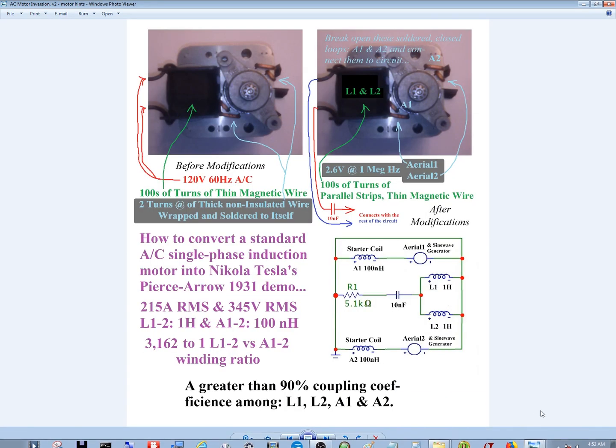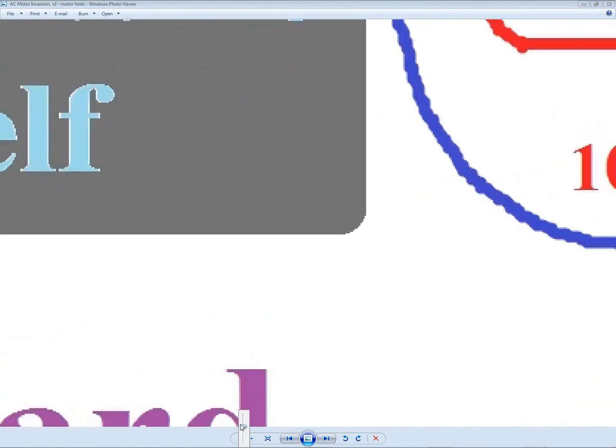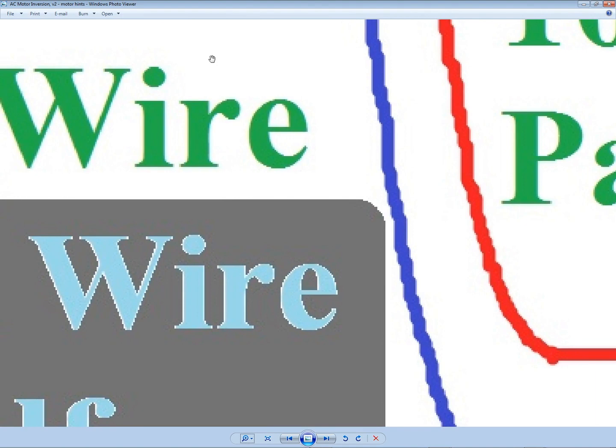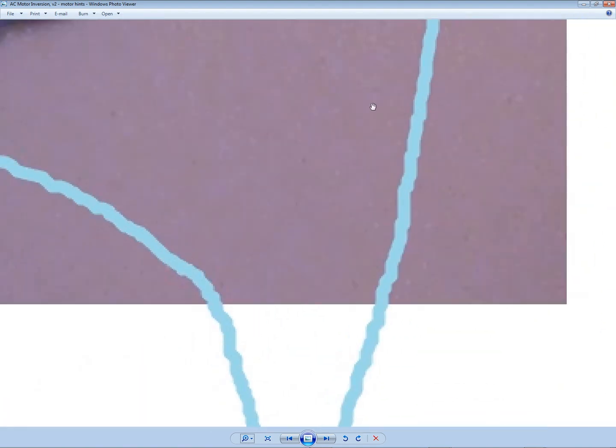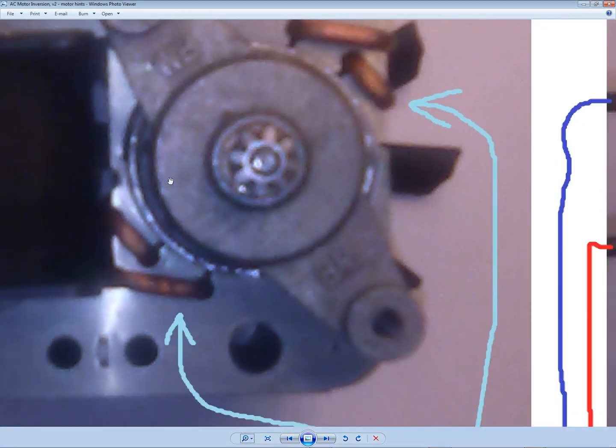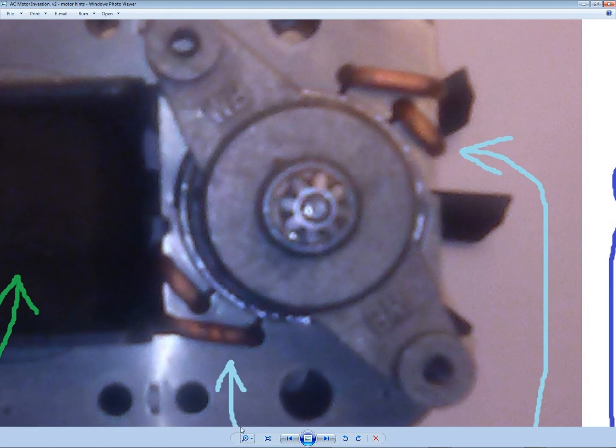Here it is. Now I gotta zoom in. I zoomed in too much. Whoops, still too much. Not enough.